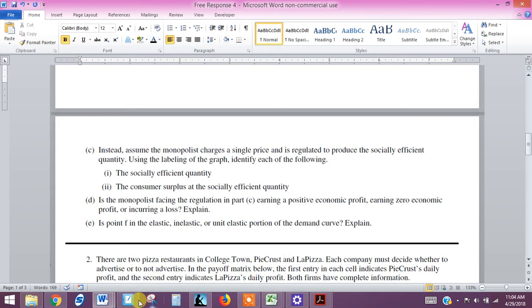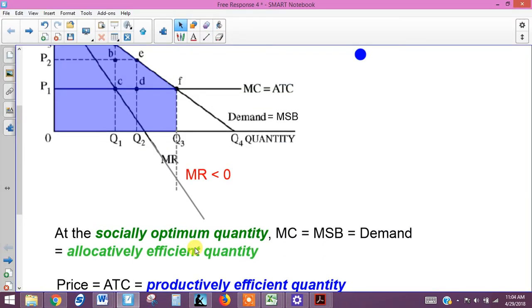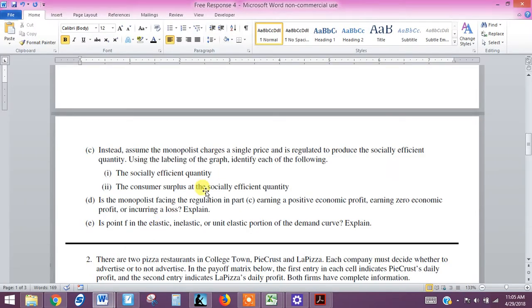So let's jump back over to our graph and look at what the socially optimum is. These words are interchangeable.